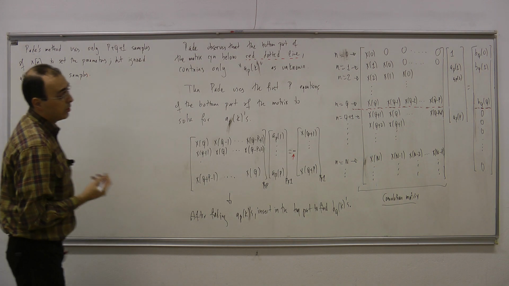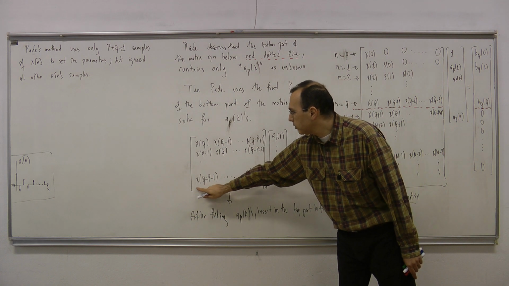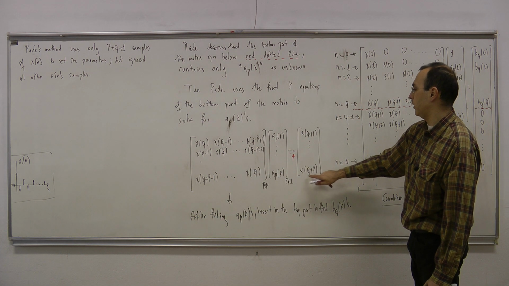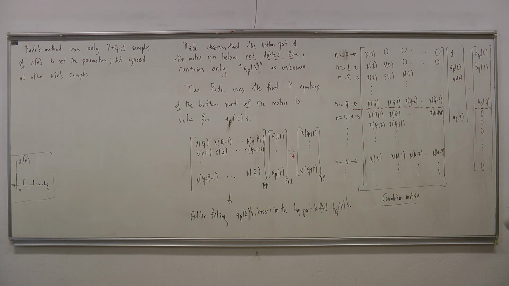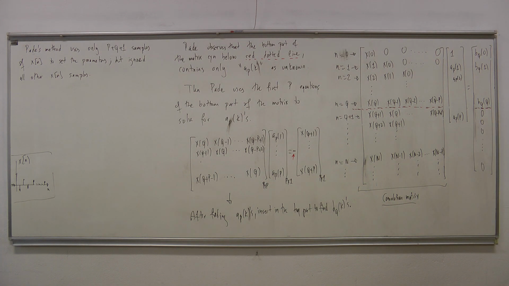Okay, so this is a criticism, because for Pade's method what you need is only up to this sample, x[Q+P+1], because all other samples after that one are not used in this equation system. So this is a drawback, you may say. I'm not using the full information. So what can we do?